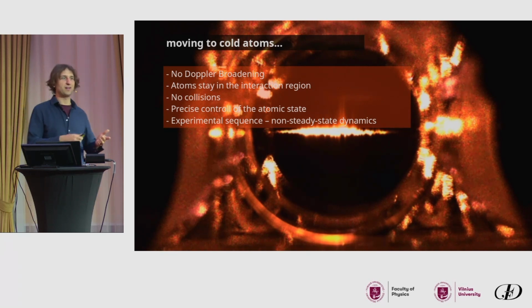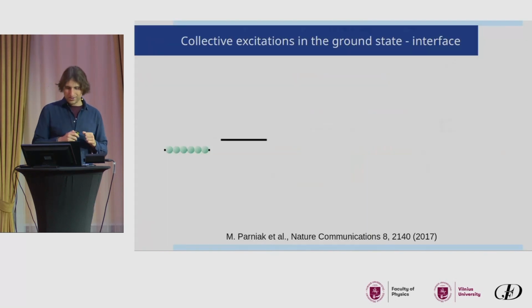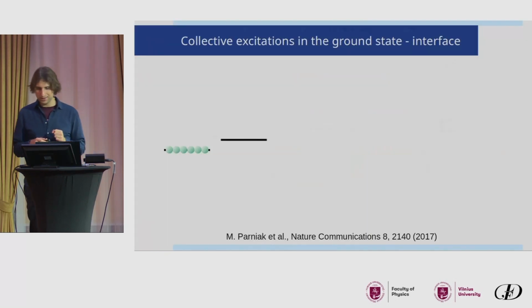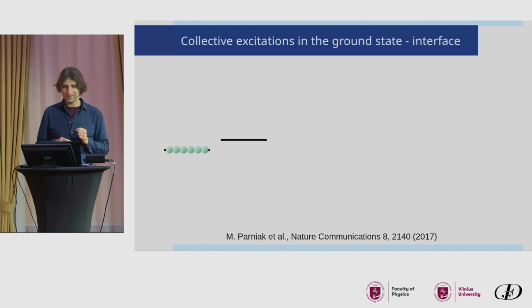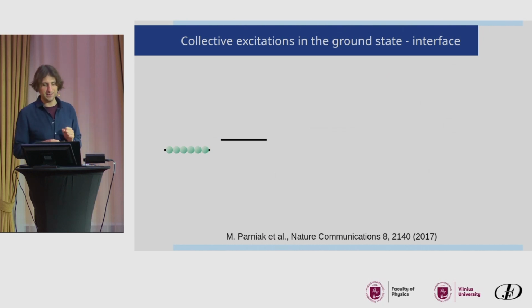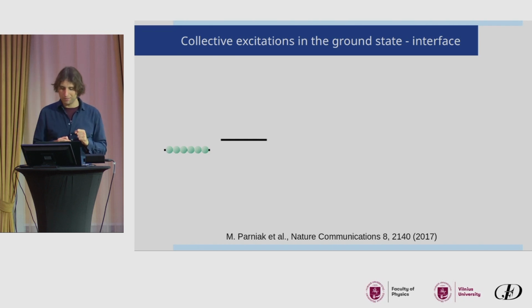Well, make a tomography, measure the state, estimate, etc. So to understand how the cold atom system works, let us come back for a moment to the ground state quantum memories, which I've been working on during my PhD.